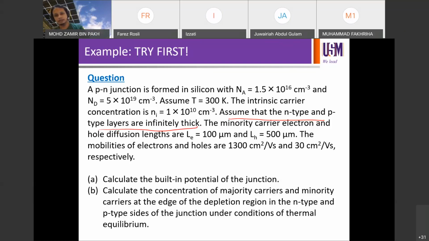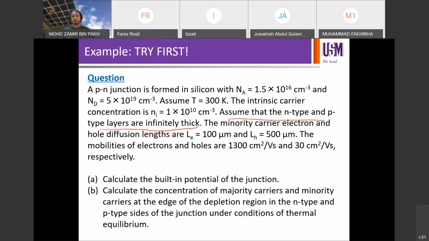What does it mean? Thick diode, right? N-type and P-type, the quasi-neutral regions, which are 98, 99% of the whole device thickness, assuming that the depletion region is a couple hundred nanometers.